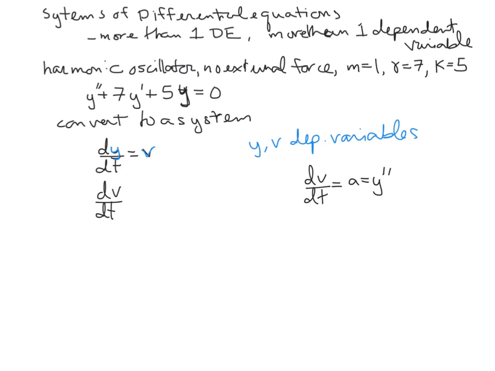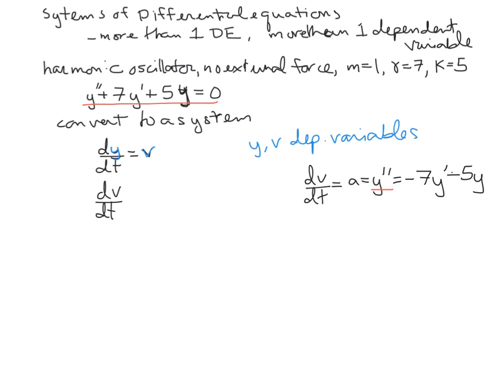All we've said is that the derivative of position is equal to velocity. True statement. What I'm going to do is take this equation and solve for that y double prime. So if we look at that equation underlined in red and I solve for y double prime, I would get that it's equal to negative 7y prime minus 5y.